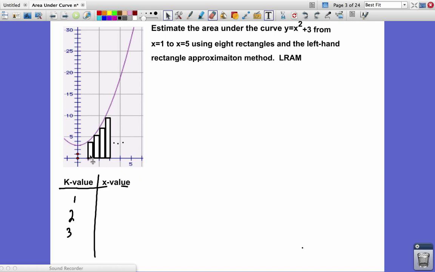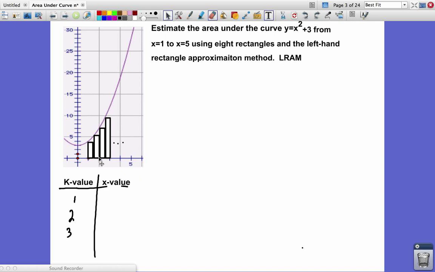So when we start to plug in our chart, and remember k values stand for rectangle number, k equals 1, 2, 3, etc. We now want to fill in what the appropriate x values would be. The first x value would be right here at x equals 1, since the left-hand side of the rectangle is hitting the curve. But now, since the width of each rectangle is 1/2, the x value that we plug in to find the height of the second rectangle is 1.5.